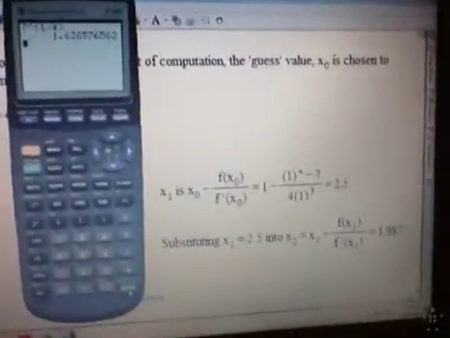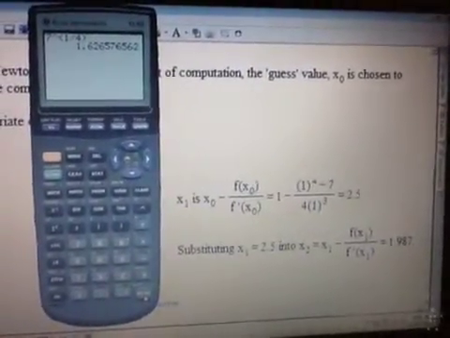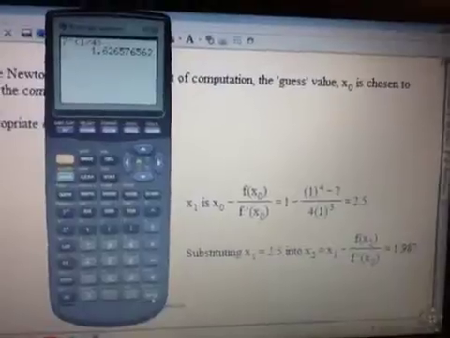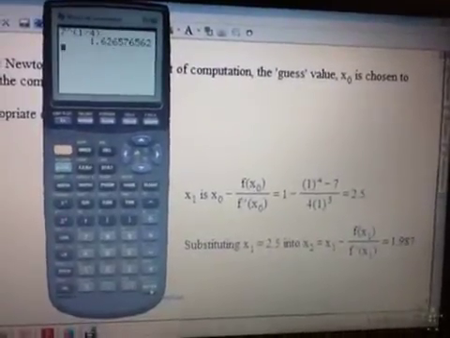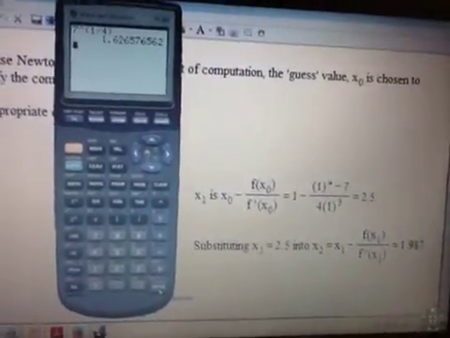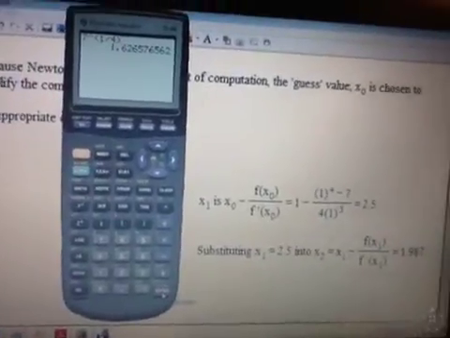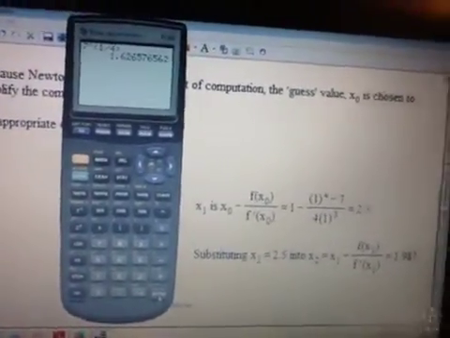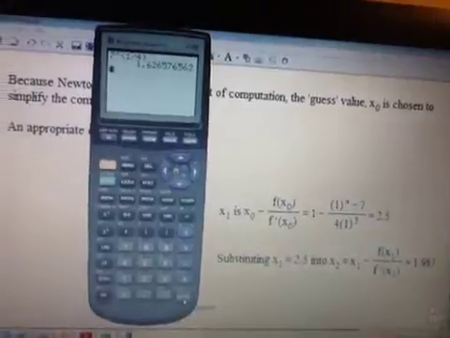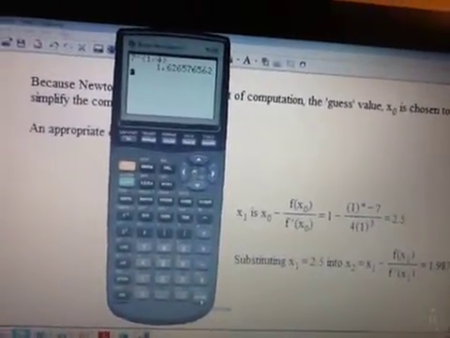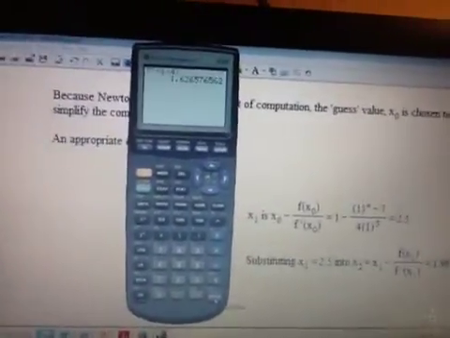Which in your mind you're thinking, gee, that's way off of 1.987. But remember, you only took it as far as x sub 2. If you kept going, you could get a higher degree of accuracy, way out to 5, 6 decimals if you like. All right, I'll hit pause as we try the next.